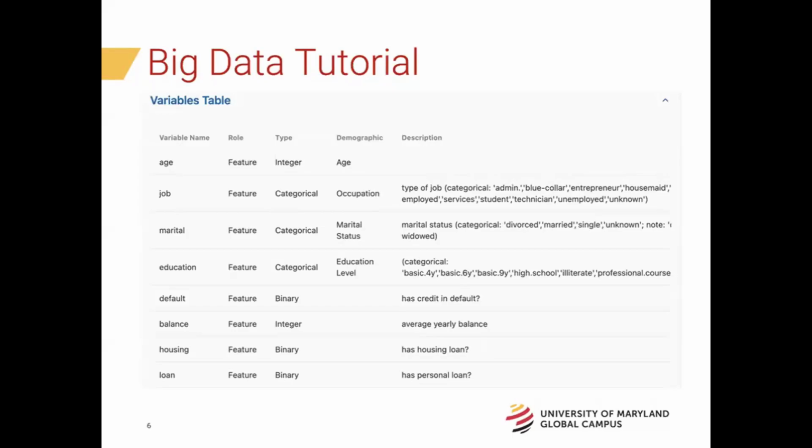So in this particular data set, you have the customer's age, their job, some job description, marital status of the customer, and education level, whether they're high school, illiterate, professional, or just basic education. Then whether they have their account in default at any point in time, what's the average yearly balance, do they have a housing loan, do they have a personal loan.